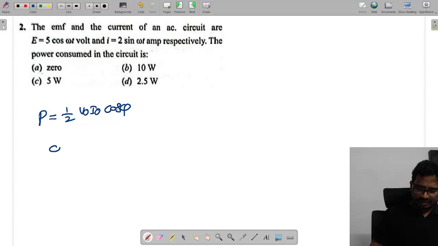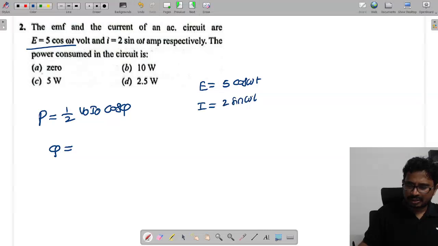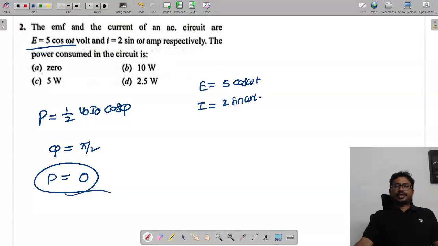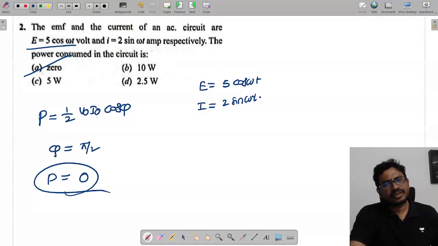The voltage is 5 into cos omega t, and I is 2 into sin omega t. The phase difference is 90 degrees, so cos 90 is 0. Power factor is 0, so the power is 0.